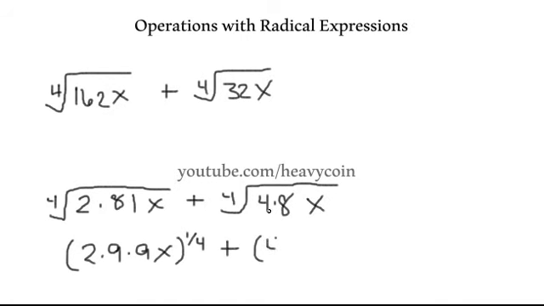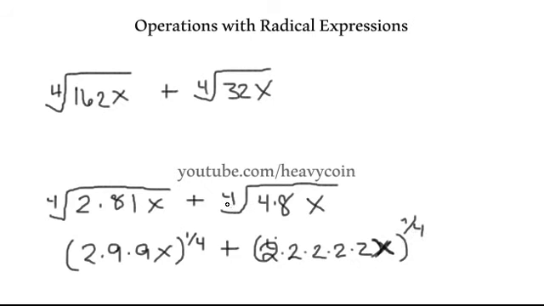This is 2. We're going to go ahead and break this down. 2 times 2, and then this 8 right here is going to be 2 times 2 times 2. Oh, I needed to put an x here also. And it's all raised to the 4th power.